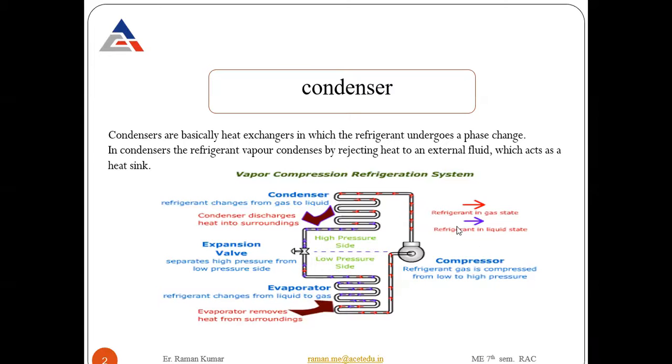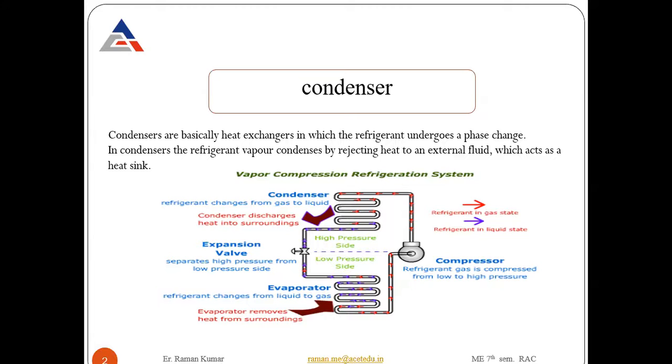Look here, in this case, everything is given: the condenser discharges heat into the surrounding. The vapor refrigerant is entering the condenser, and at the end, when it supplies the heat to the surrounding, the vapor converts into liquid.